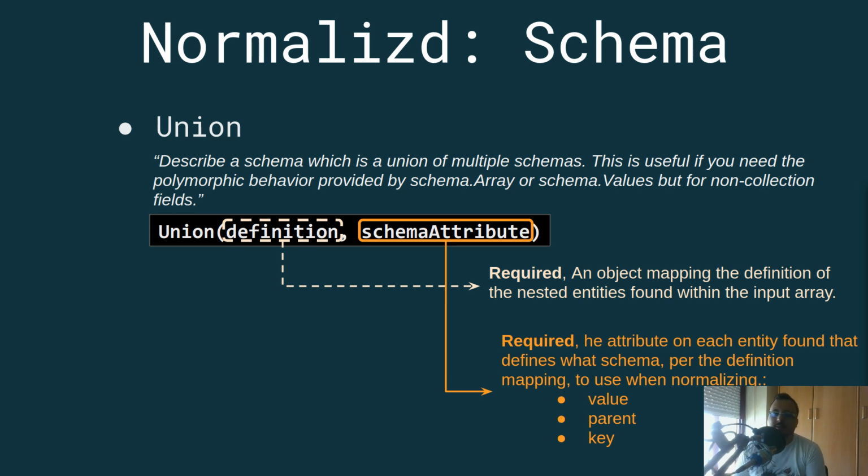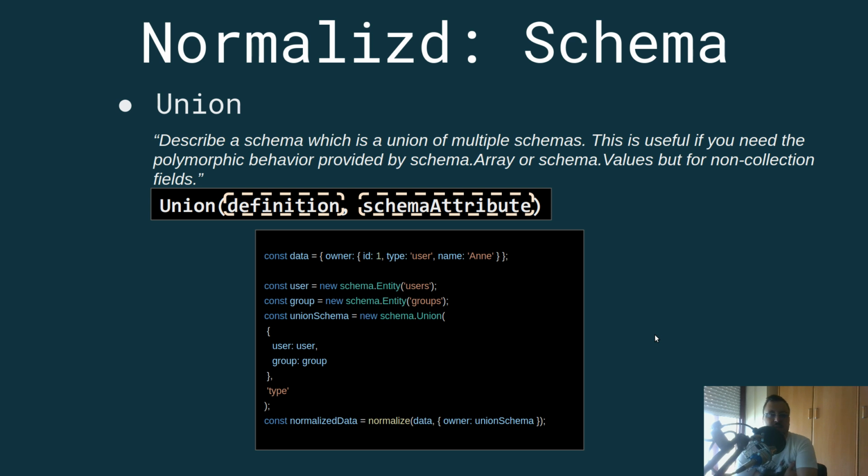The attribute on its entity found that defines what schema per definition to use when normalizing, and has 3 parameters: the value, parent, and key. We don't go into it much because you will see in the example what we want to do. The union has the definition and the schema attribute, that is the type. Okay, so this is what should be inside of it.